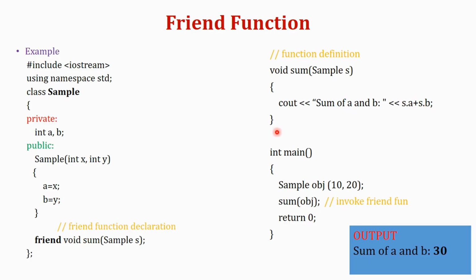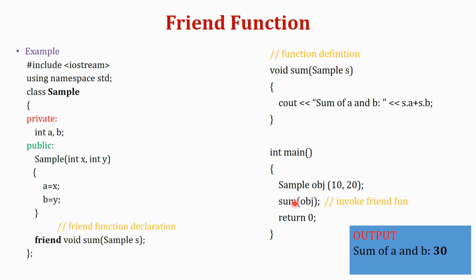Then the function is closed. In the main program, we create the object from the class, and at the same time we pass the values to the constructor. You know the constructor concept, right? When the object is created, the values automatically pass to the class member variables. Next, how are we going to invoke the friend function?